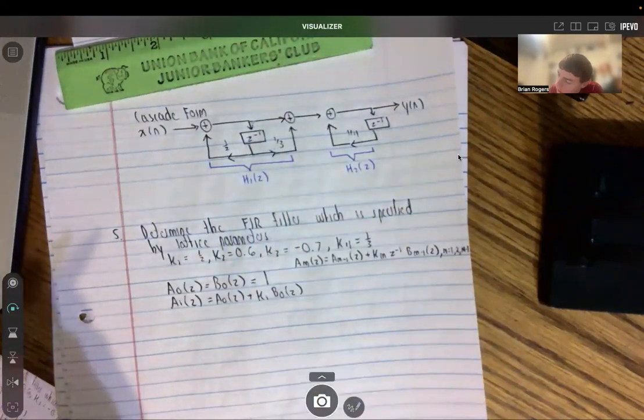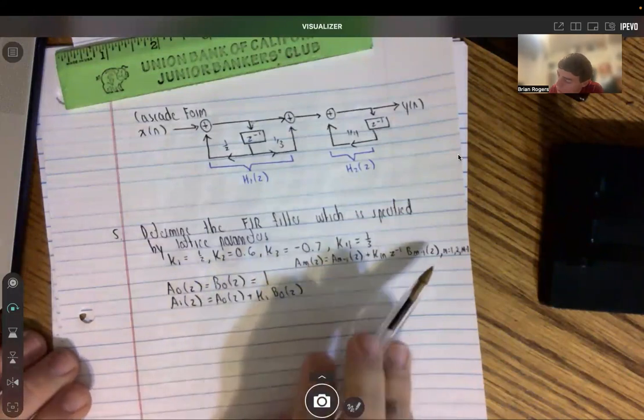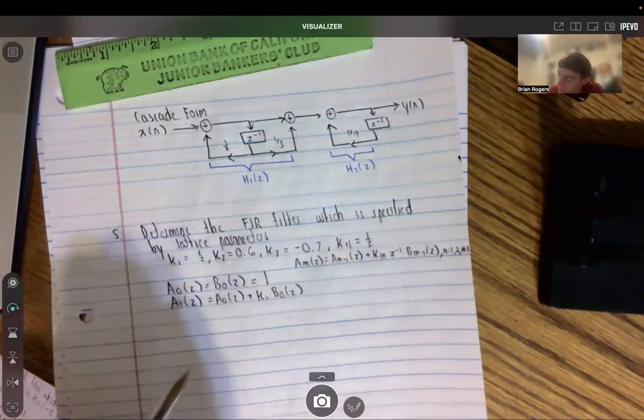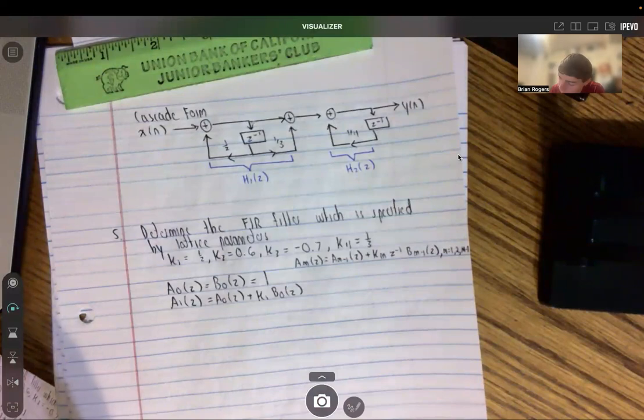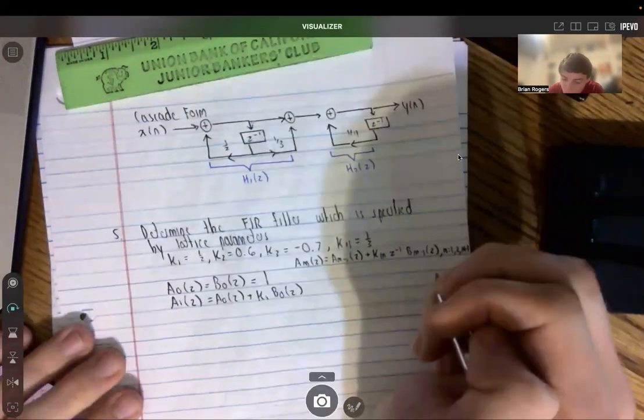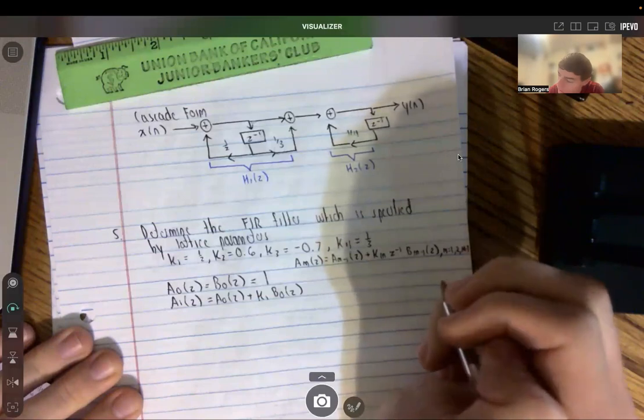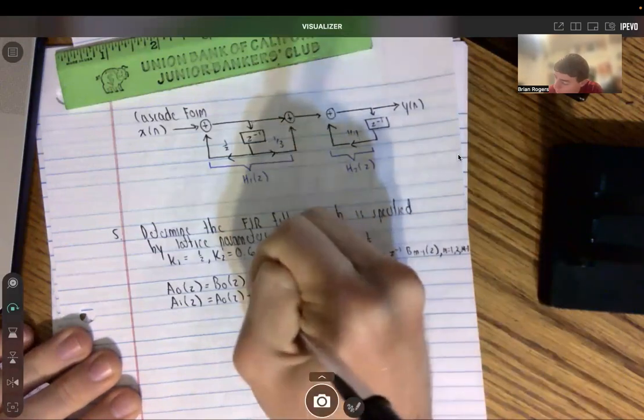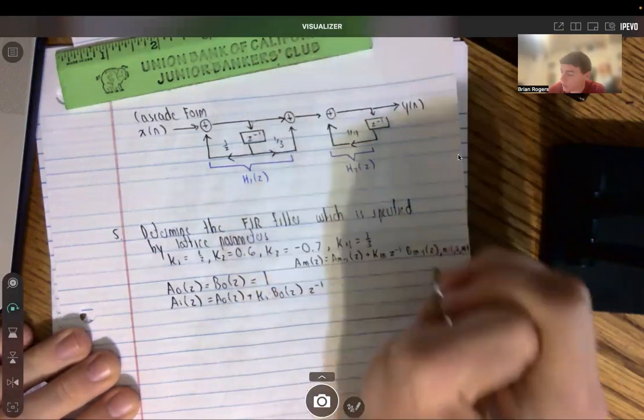And then our m was 1, and so that's what we had right here. And this is multiplied by z to negative 1. Oh yeah, I just forgot my z to negative 1, so I'm just going to insert that at the back here.